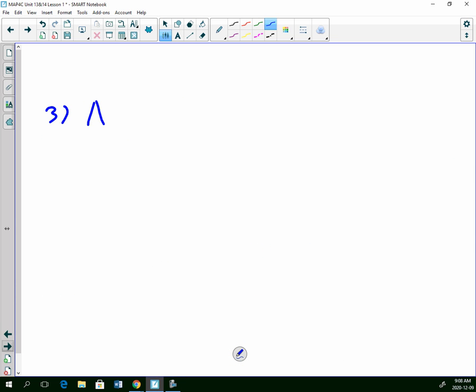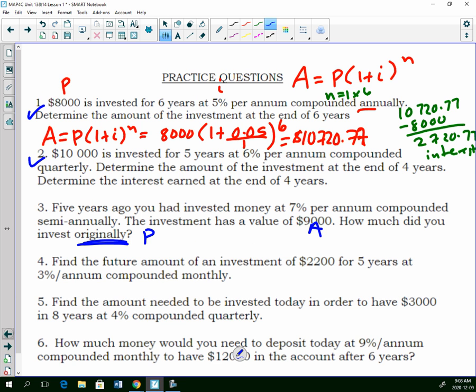So number 3, it has 9,000 at the end. P is what you want to figure out. At the start, it's 7% compounded semi-annually.